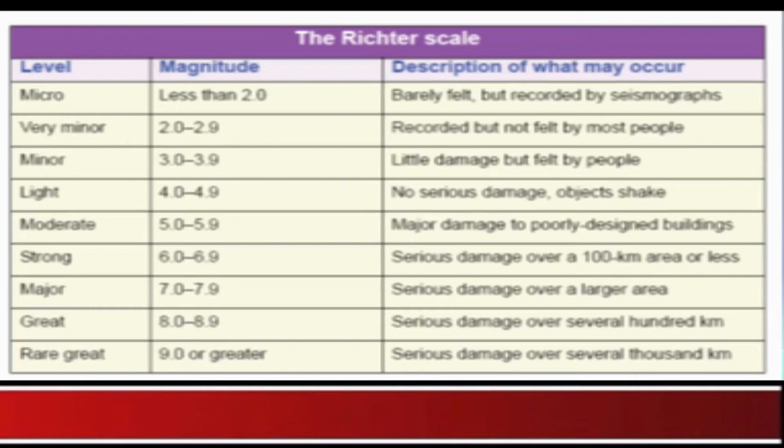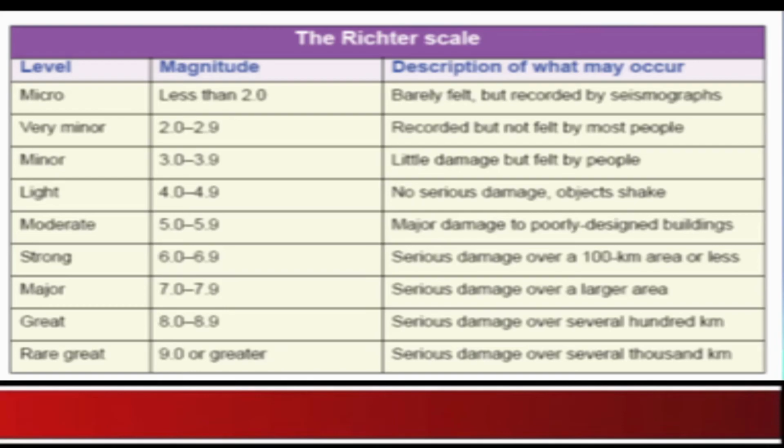So for example, if the earthquake has a magnitude of 3 to 3.9, if you will look at this table, there's little damage, but it is felt by most people. Okay, then if the earthquake has a magnitude of 5 to 5.9, there is minor damage to poorly designed buildings, lalo na pag yung bahay o yung building ay gawa sa substandard materials.